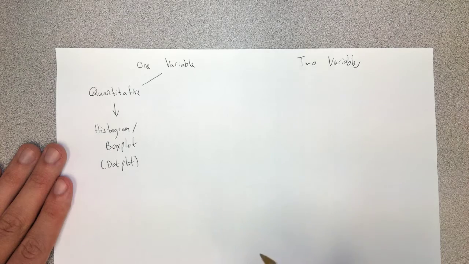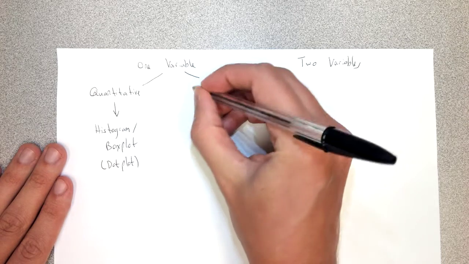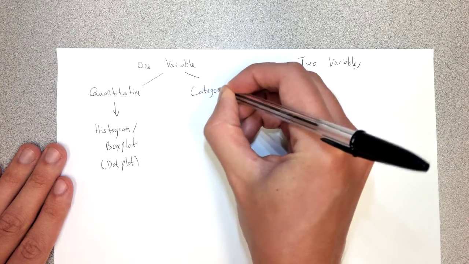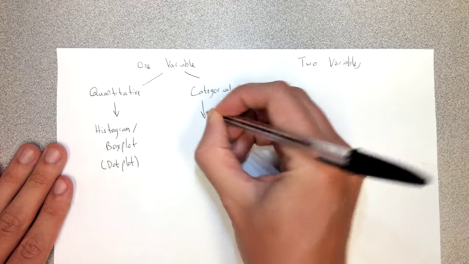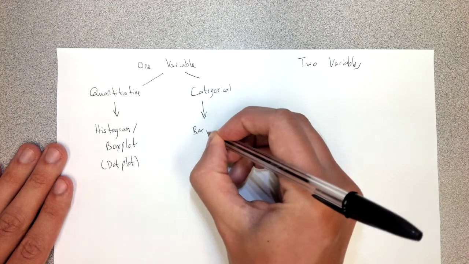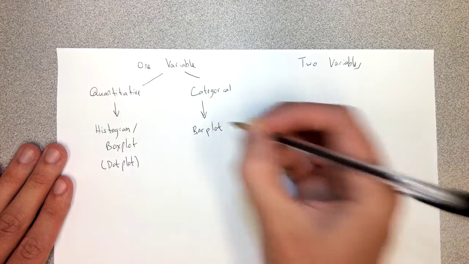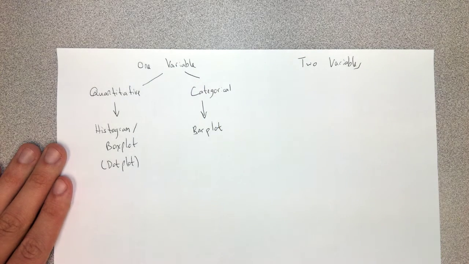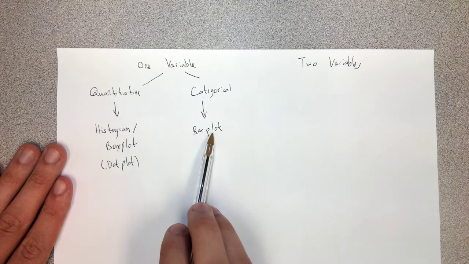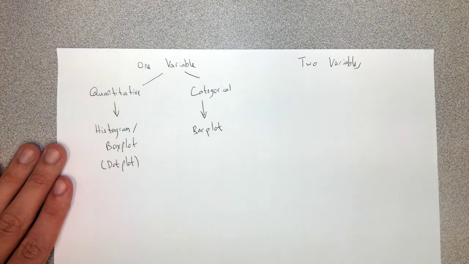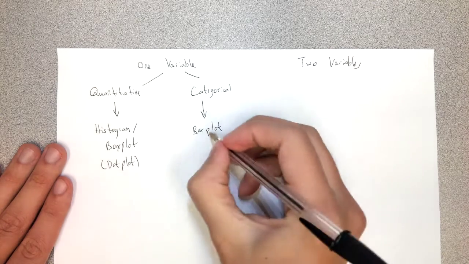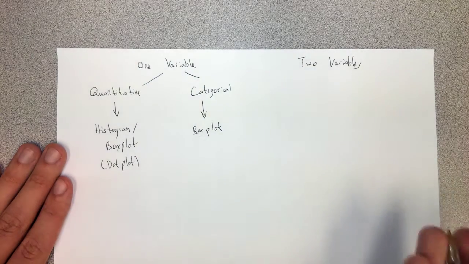If that variable was categorical, this is where we spent the least amount of time because it wasn't too difficult. Like player position for the baseball data, that's when we would use a bar plot or bar chart, same thing.